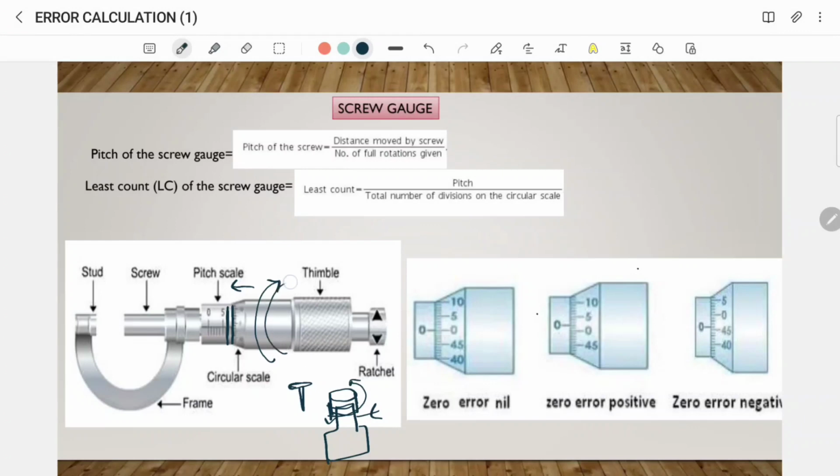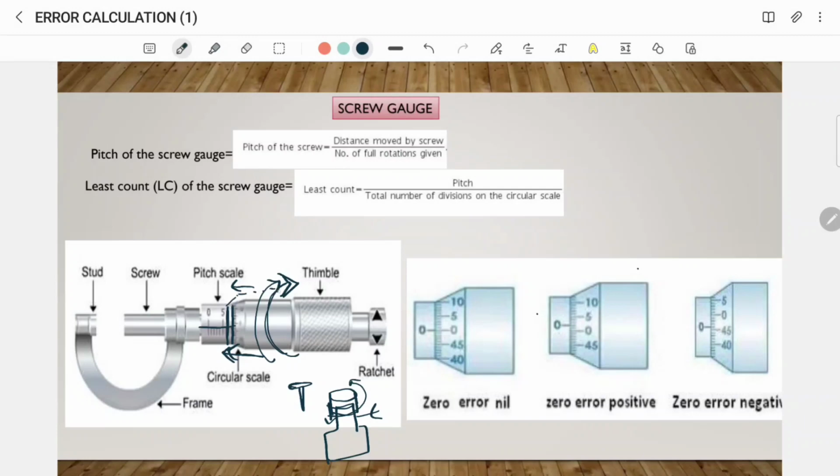Therefore, when you rotate this circular scale, it also advances in this direction, and the amount of length that it advances in one rotation is called the pitch. We have a scale attached here, and this is the linear scale that gives us the measurement of the pitch. That means how much length it advances with one rotation.